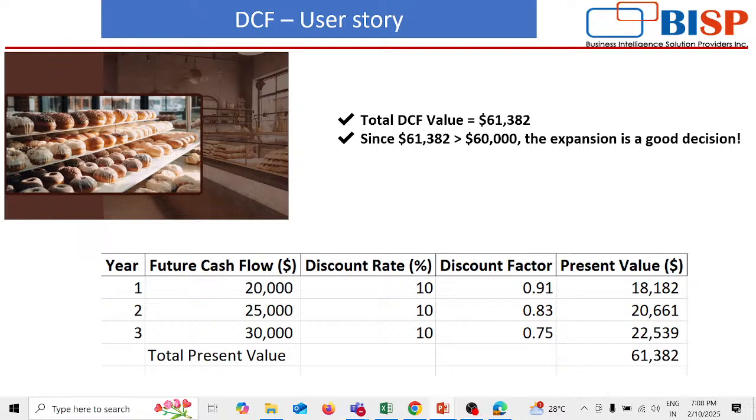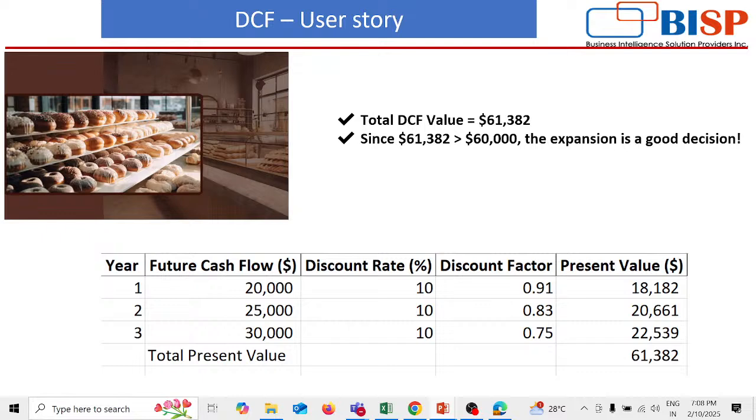So Jack owns a small bakery, and he is thinking about opening a second shop whose setup cost, you can see over here, is $60,000 today. Now in the table below you will find he has already estimated the future profits.